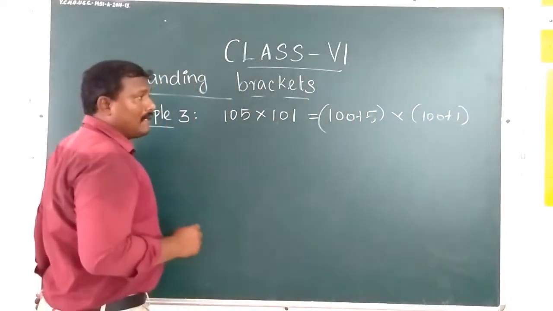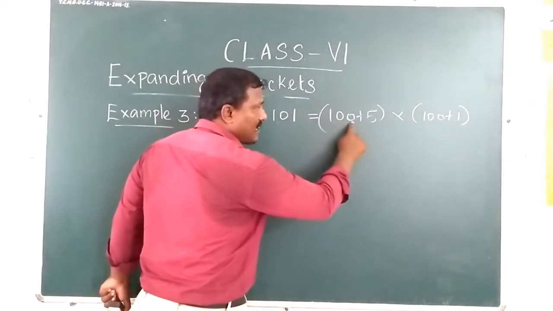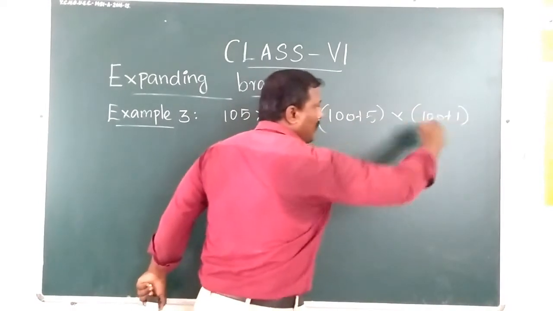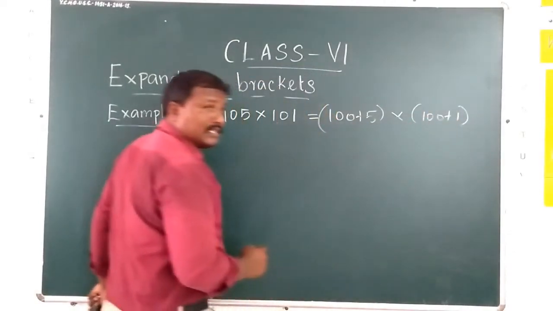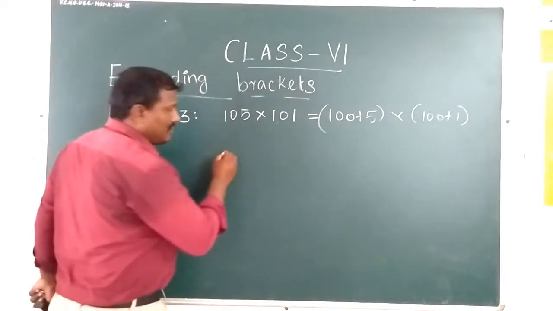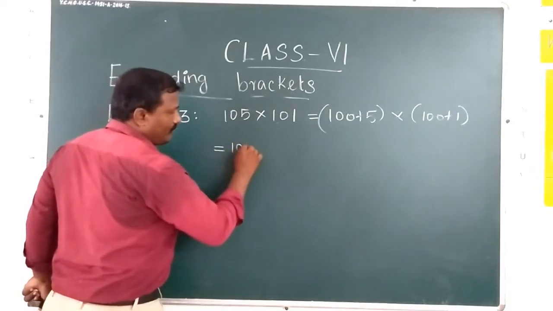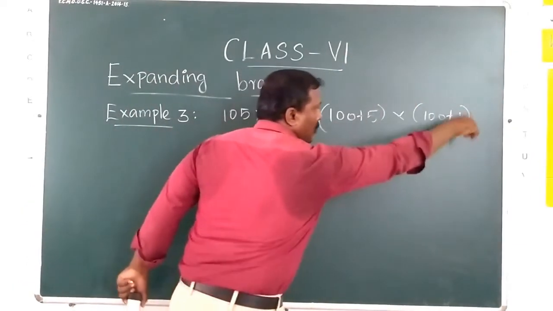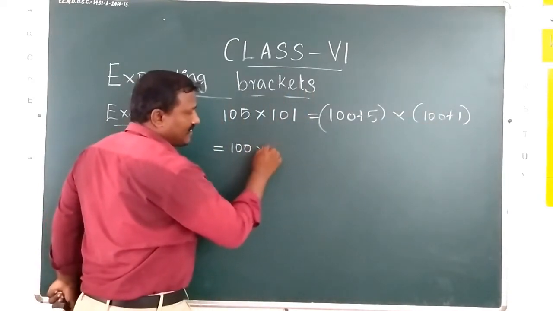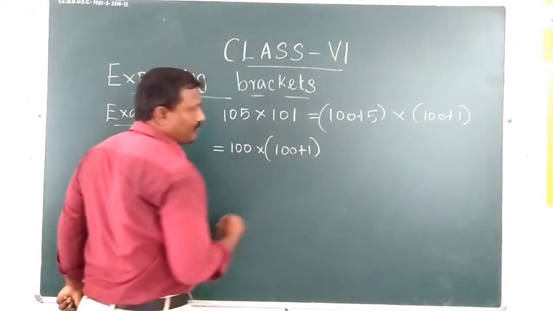101. Okay. Now what I will do, I am going to multiply this 100 to this whole number. After that, this 5 to this whole number. So first I will write 100, then 100 multiplied by this whole number, 100 plus 1.